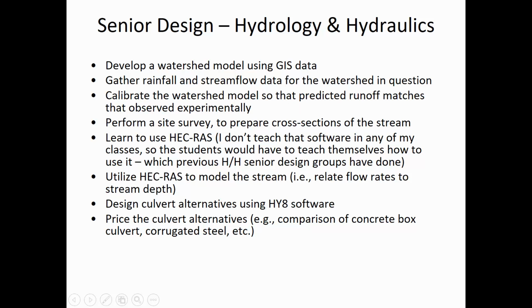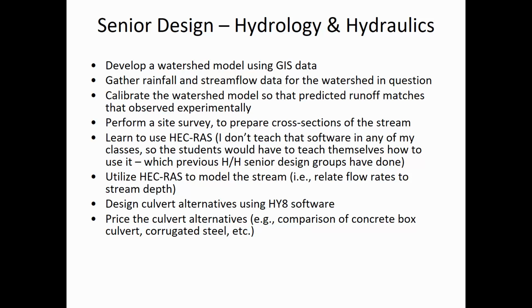The student group will also have to do some surveying to define the channel, because the hydrologic model will just tell you the flow rate Q, but it won't tell you how deep the water is going to be unless you put that into HEC-RAS or some other model that relates flow rate to depth.